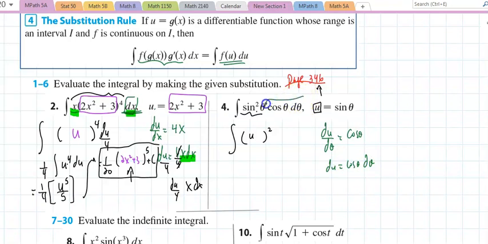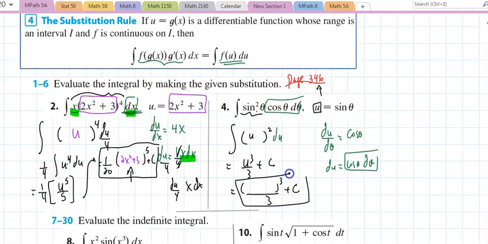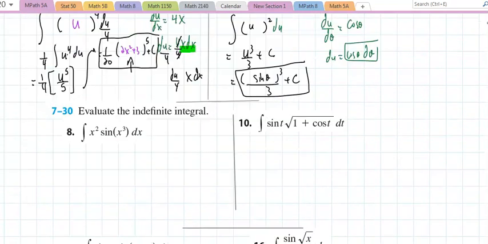Well, isn't that this? Isn't that just u cubed over 3 plus c? And what was u? Wasn't u a sine? And that's pretty much how this game is played. Really, really simple once you get the hang of it.